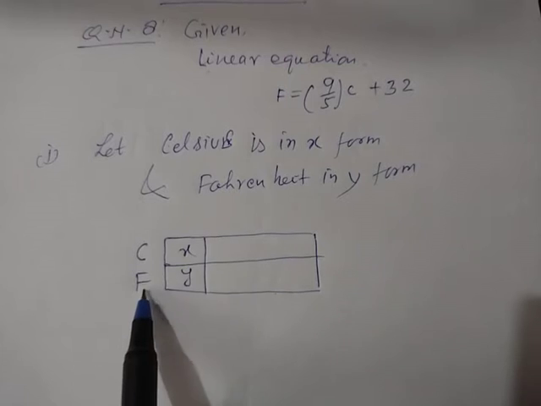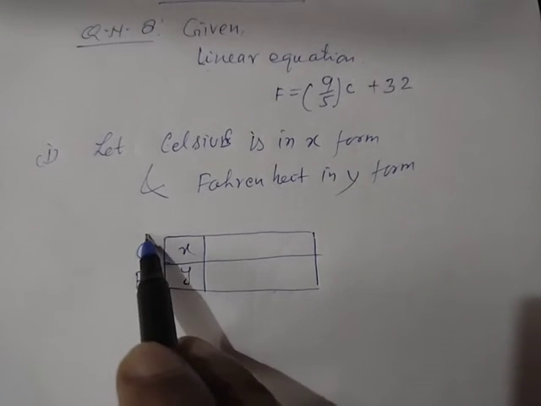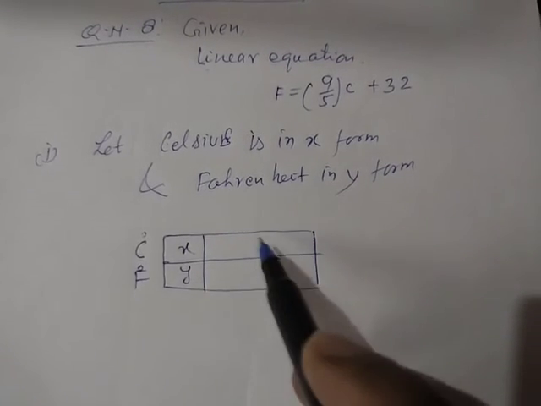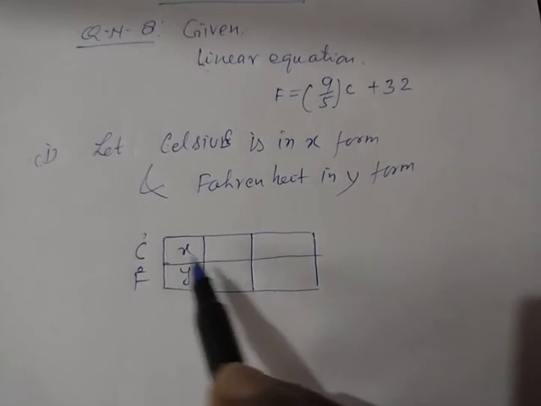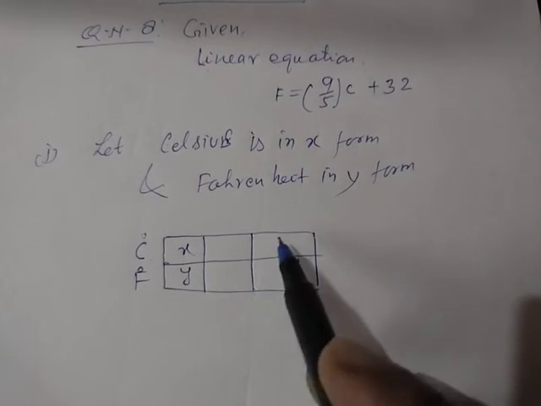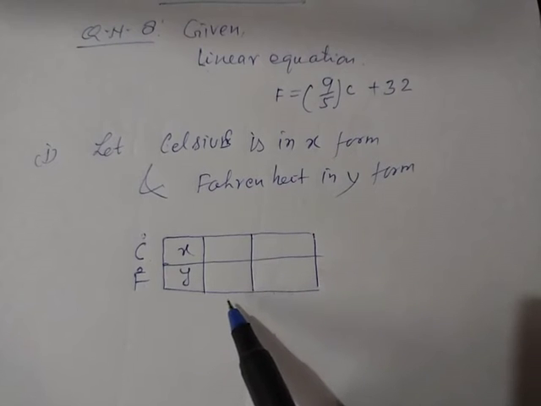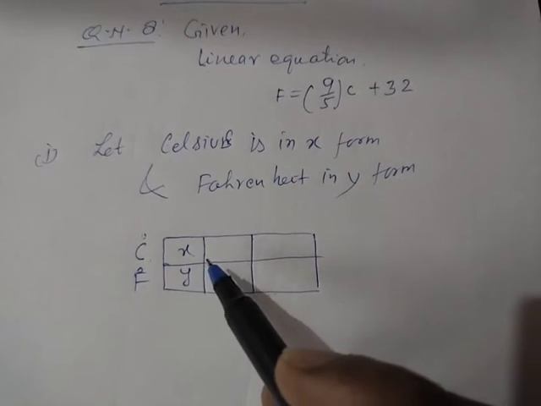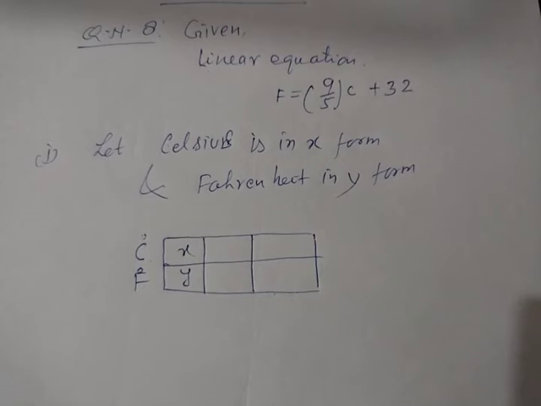Celsius scale in x and Fahrenheit scale in y. Then you find two values of Celsius scale and Fahrenheit to draw the graph between the Celsius scale and Fahrenheit.